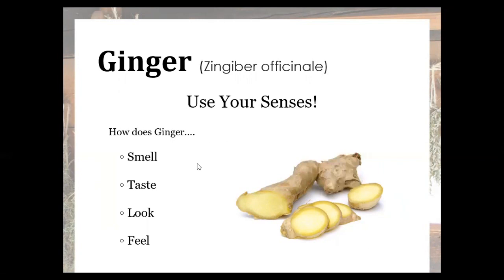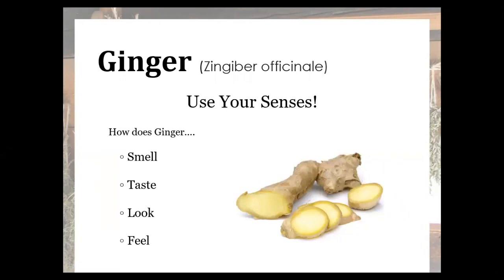It's what we would call a warming herb. And it tastes very good if it's properly prepared in certain foods. I like to put it in tea and in stir fries, and it really adds something to the food.